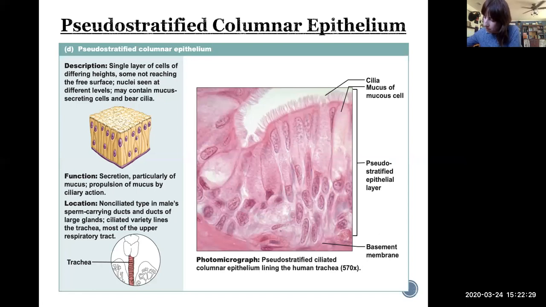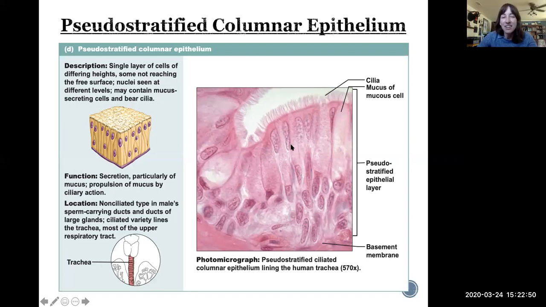Pseudostratified. Okay, so pseudostratified is, of course, kind of a weird version of simple columnar in that each cell doesn't necessarily reach the apical layer or the basal layer. They're going to reach one or the other, though.